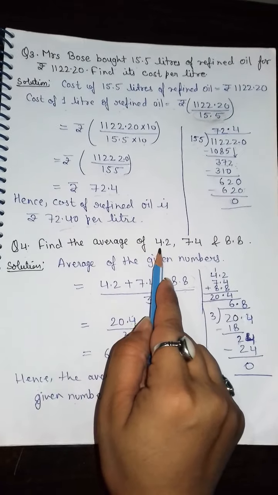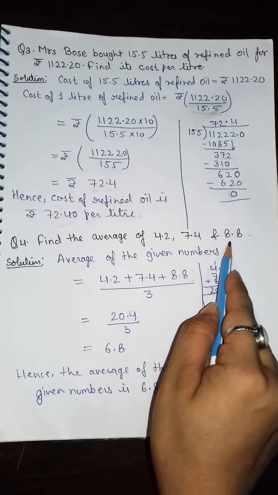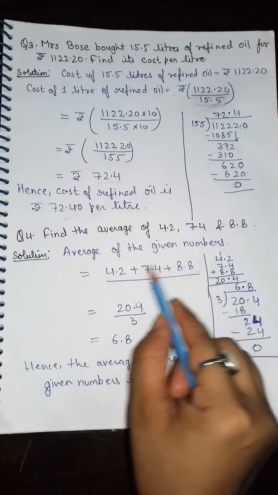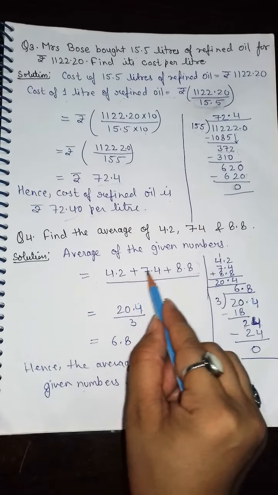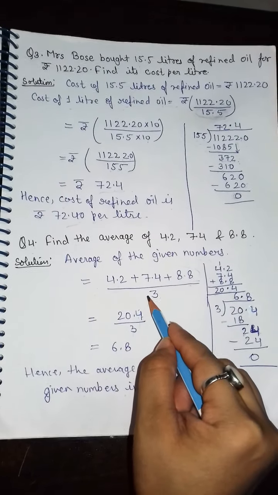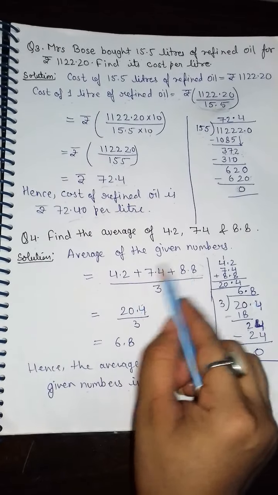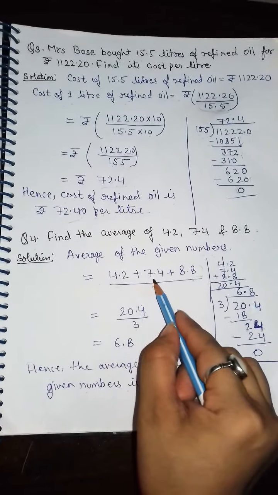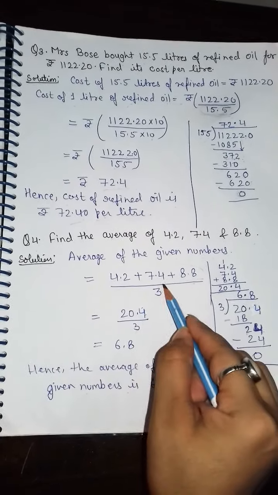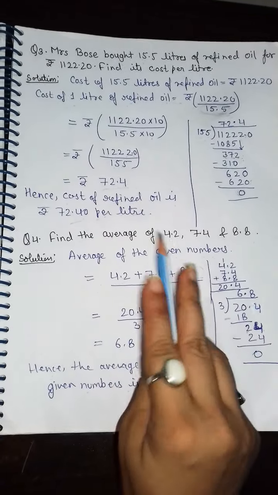Question 4. Find the average of 4.2, 7.4 and 8.8. Average of the given numbers is equal to the sum of the given numbers upon the total numbers. So the sum of the given numbers 4.2 plus 7.4 plus 8.8 upon the total number, 1 2 3, so the total number is 3.